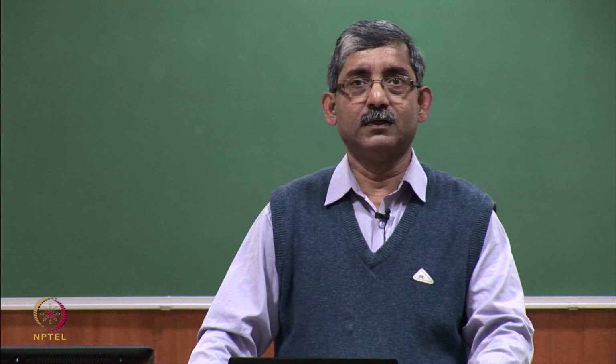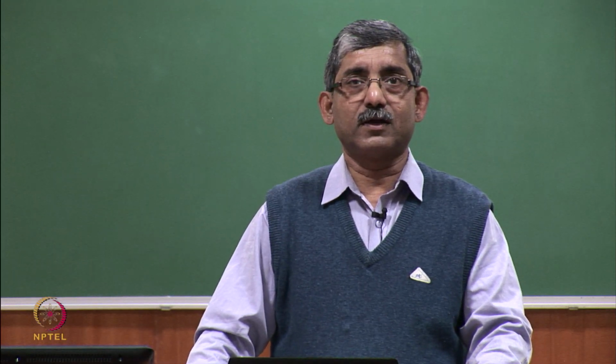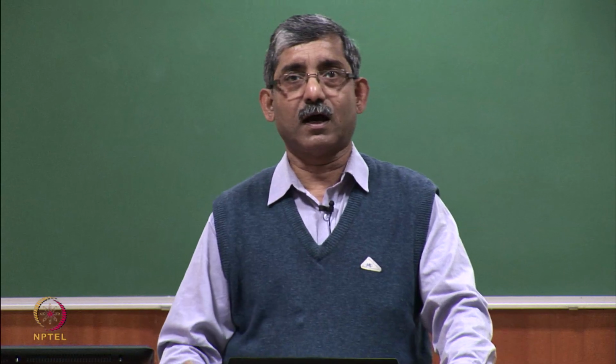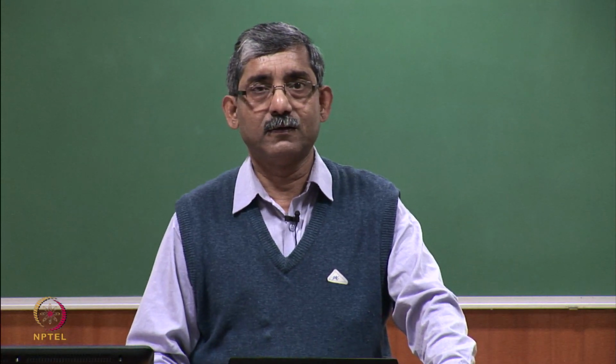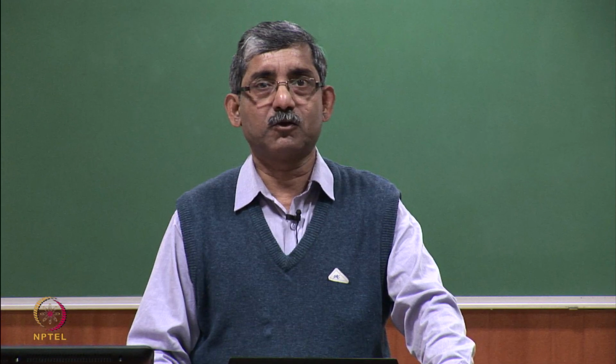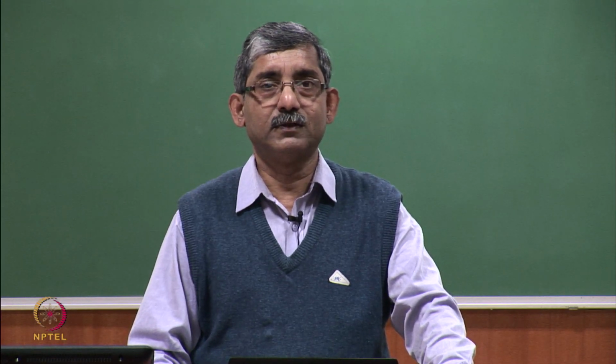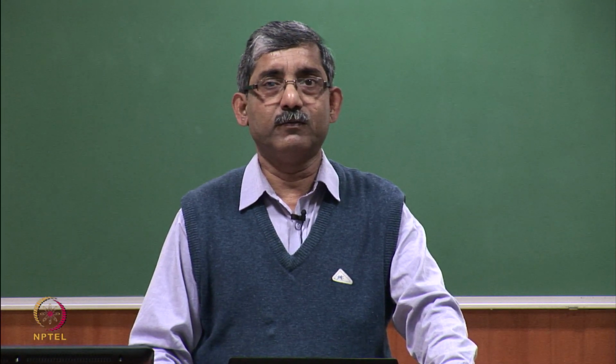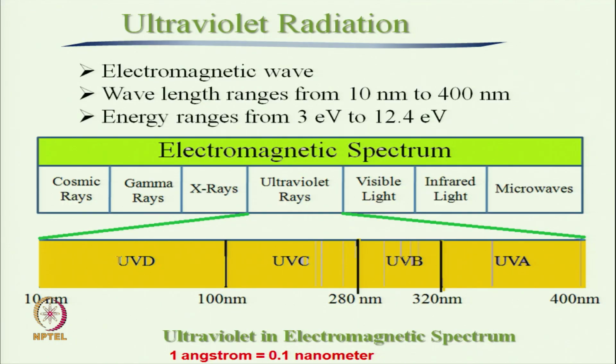So, first let us try to understand what is ultraviolet radiation. These are basically electromagnetic waves, and electromagnetic waves, if we classify, if we arrange them in terms of wavelength, the wavelengths from 10 nanometer to 400 nanometers come under the UV radiation, UV ray.